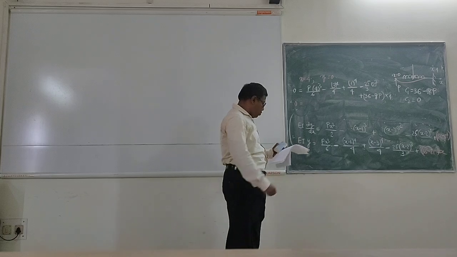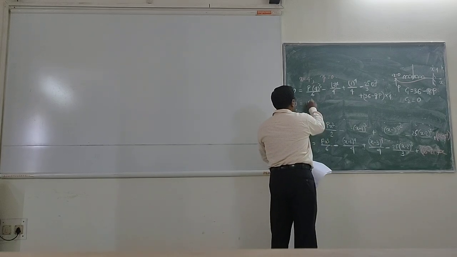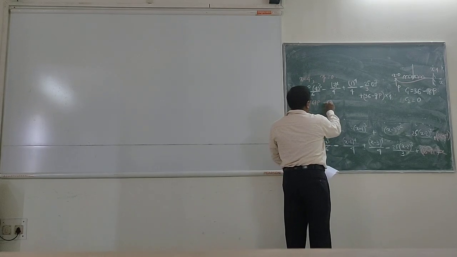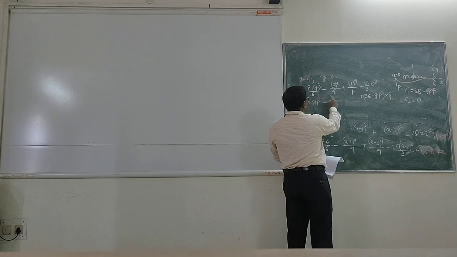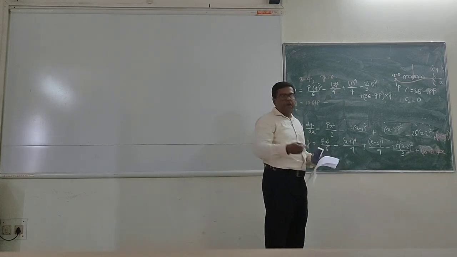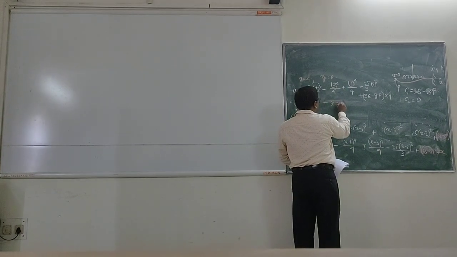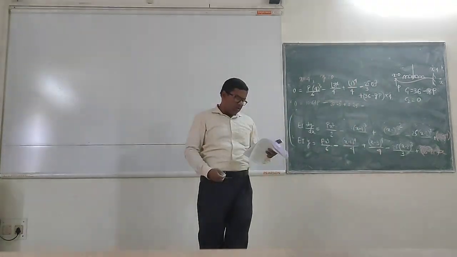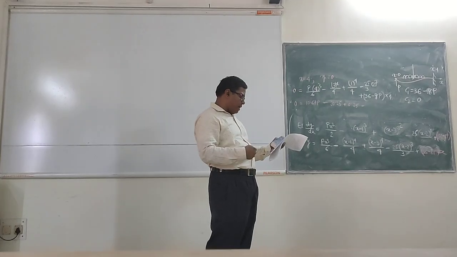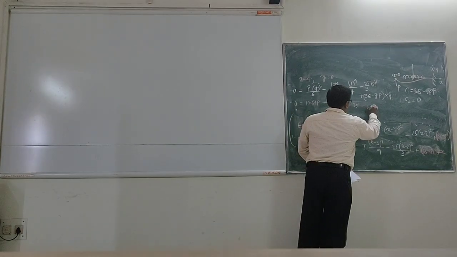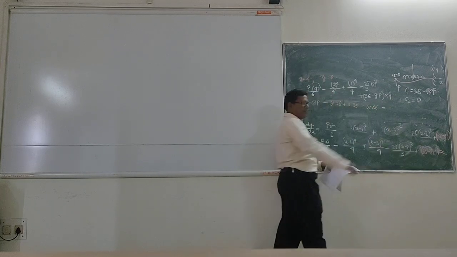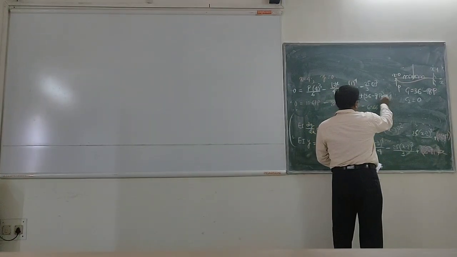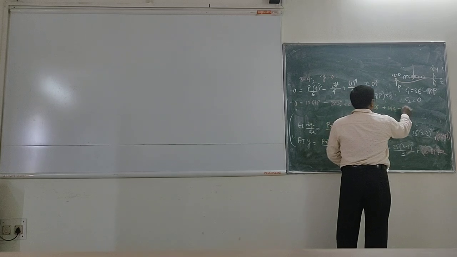P into 4 cubed by 6 will give you 10.67P, minus 3 into 3 to the power 4 divided by 4, which will give you 20.25, plus 0.25, minus 2.5 into (4 minus 2) whole cube by 3, which will give you 6.66, plus 36 minus 8 into 4, right? 36 minus 8 into 4. So 8 into 4 will give you 32.